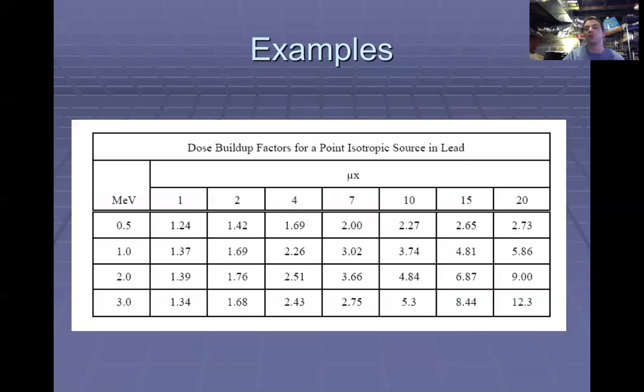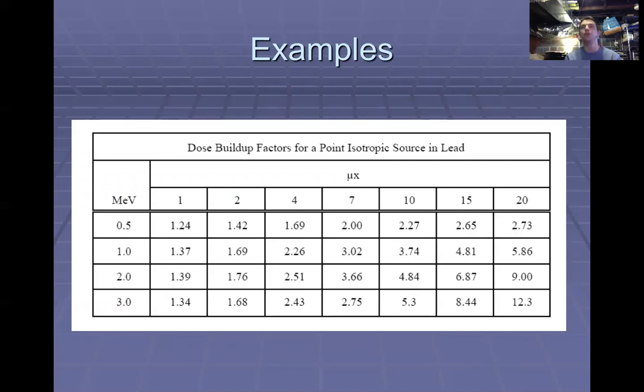If you were to fail to account for them, you could be off by a factor of 10 or more, which in a real world setting is a pretty big problem. So if you're doing any calculations for an actual shielded room, you would need to take this into account and make sure that you're not under shielding because you think that the actual beam is going to stay the same as it moves through that shield.